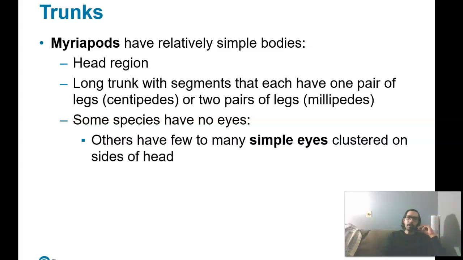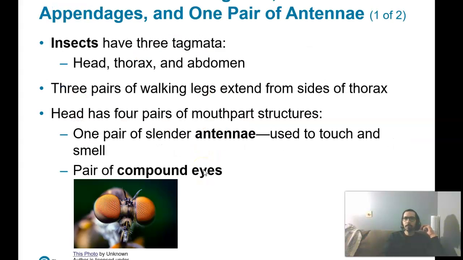And for myriapods, some of them have no eyes. Others have many simple eyes that are clustered on the sides of the head, so they look like little dots. They're called simple eyes because they only have one lens, just like humans, we only have one lens.